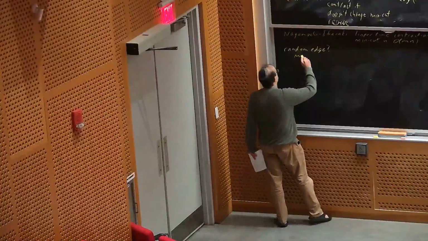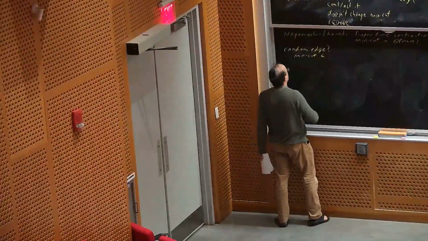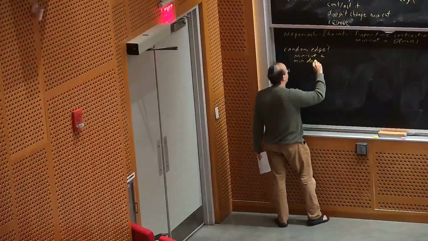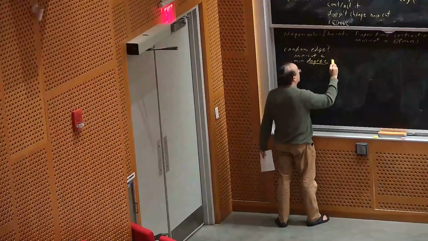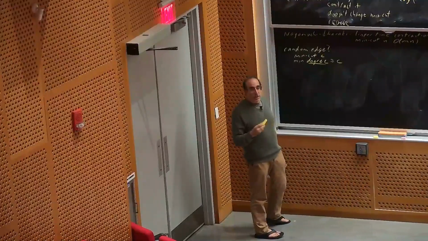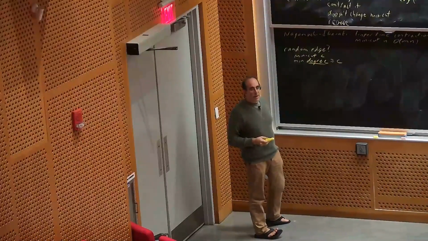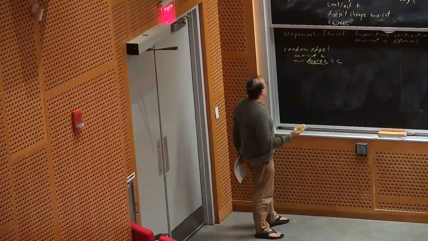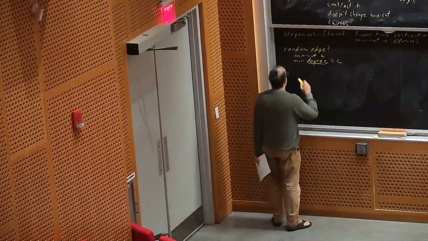So what we said was, if you have a min cut of C, what this tells you is that the minimum degree is at least C, because a single vertex can be a cut, right? That vertex on one side and everything else on the other gives you a cut whose value is equal to the degree. So every degree is a cut, so every degree has to be at least the minimum cut.